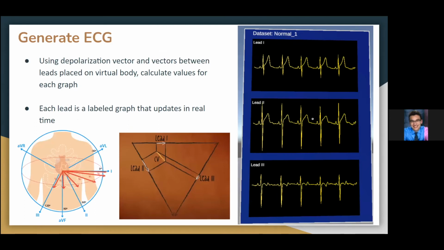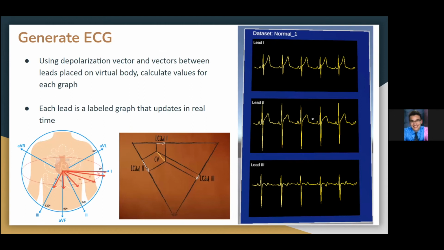Once we put those leads down, we want to be able to generate the actual graphs. I know the picture on the left is a little confusing, but in general, the leads don't act independently. The leads are formed between multiple stickies.